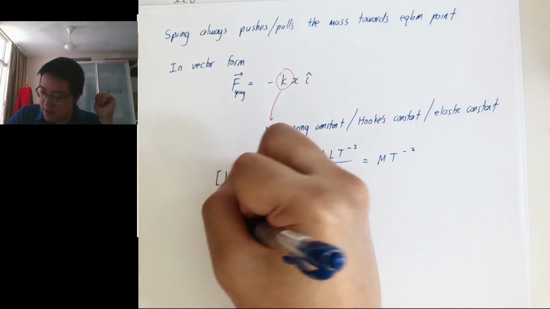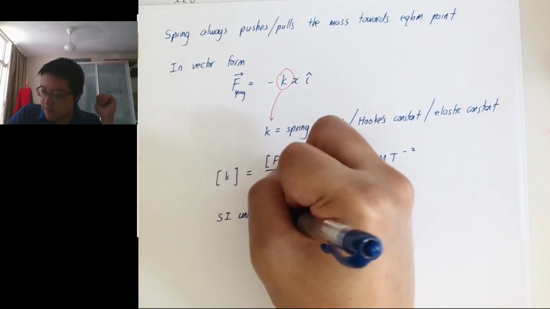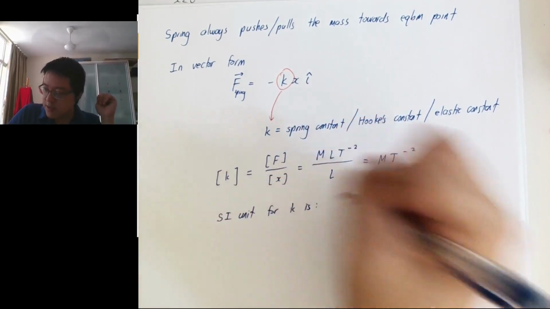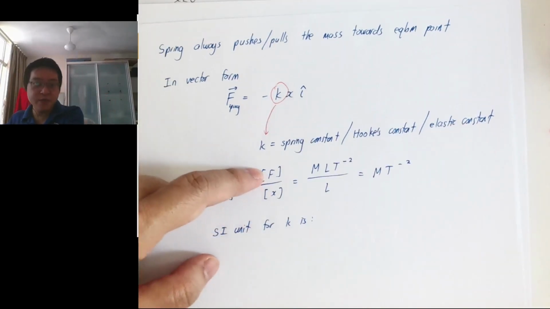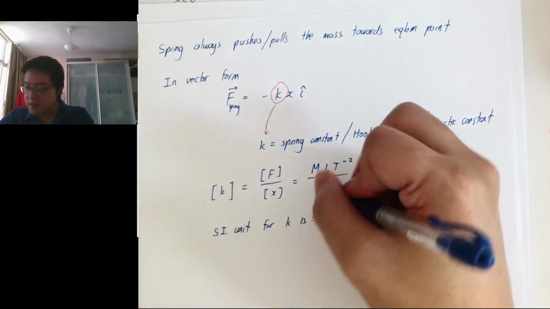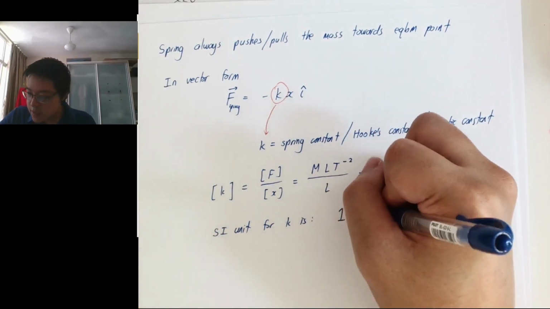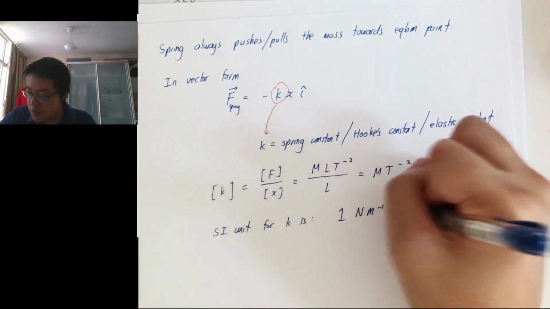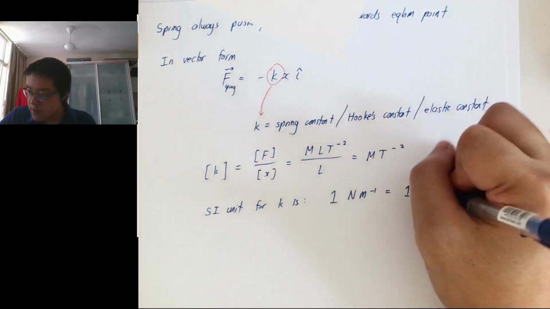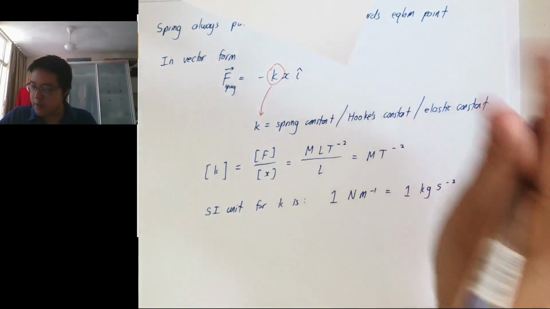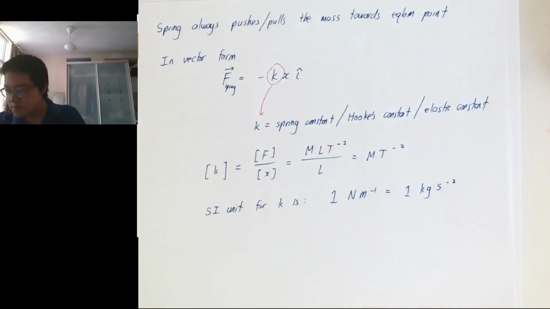So in other words, the SI unit for the spring constant is Newton per meter, or purely in SI units, 1 kg per second squared. So that is the SI unit for the spring constant.